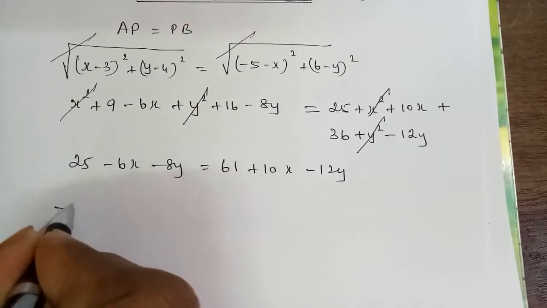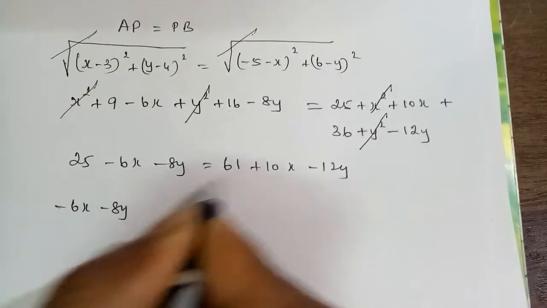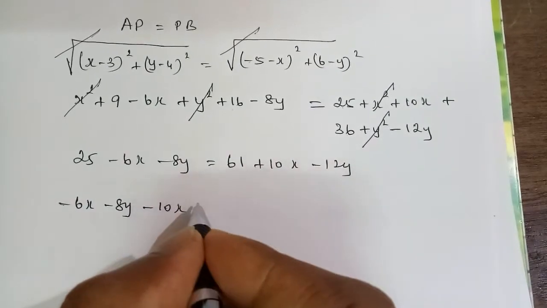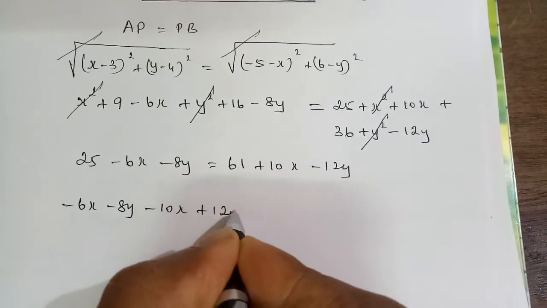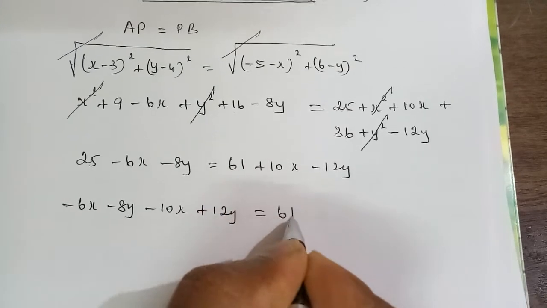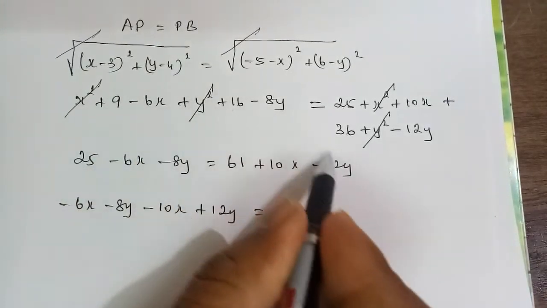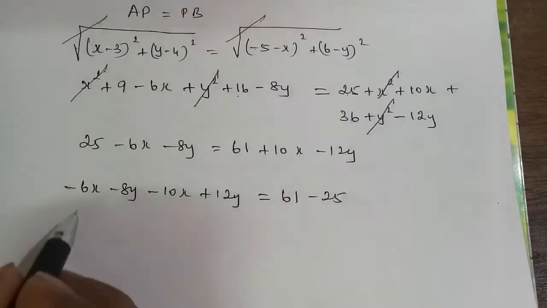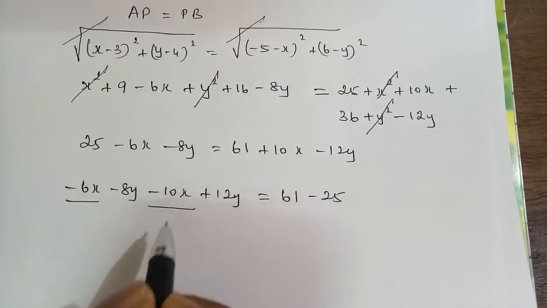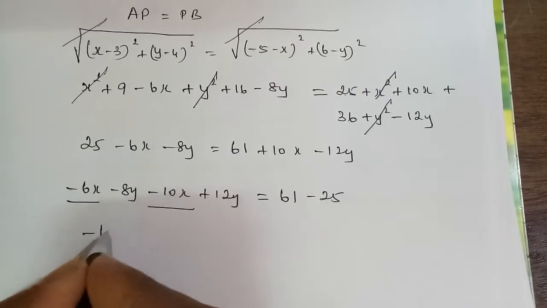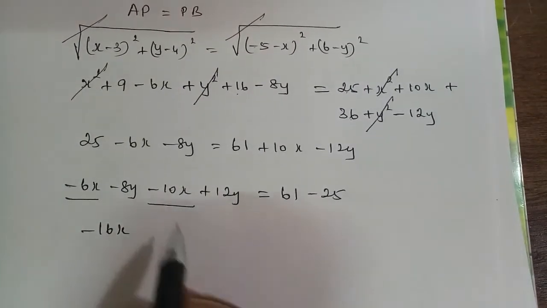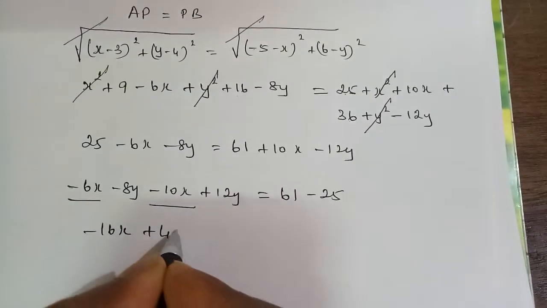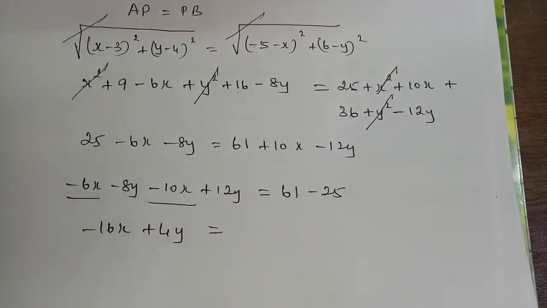So minus 10x for the left hand side becomes minus 10x, and minus 12y becomes plus 12y, that is equal to 61. The constant 25 will go to the right hand side, becoming minus 25. Now we have minus 6x and minus 10x gives minus 16x. Minus 8y plus 12y gives plus 4y, that is equal to.